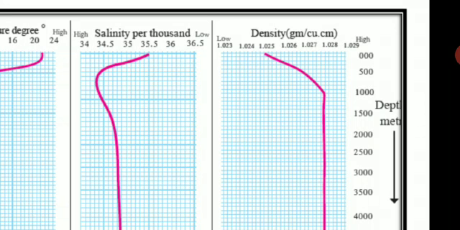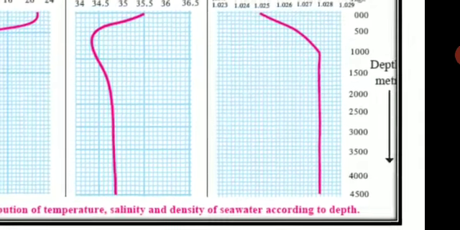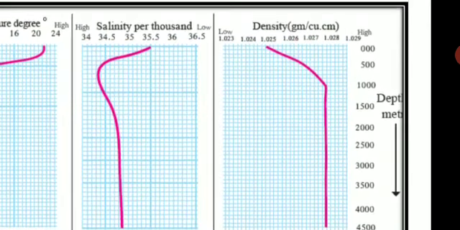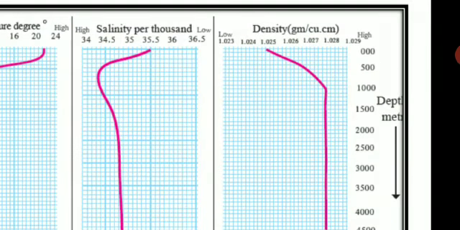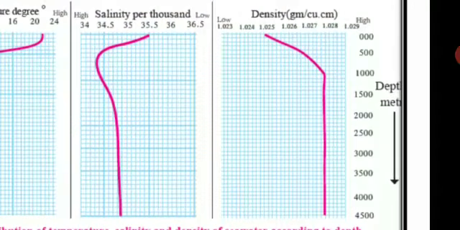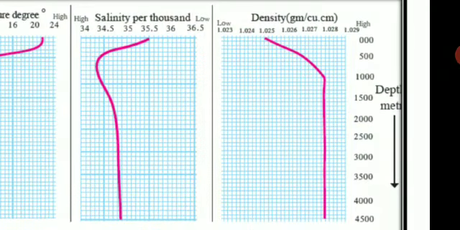Gradually it goes on increasing. As we go below 1000 meters, the density is constant. It is uniform up to the bed of the ocean. That means as we go deeper into the sea, the density also increases.